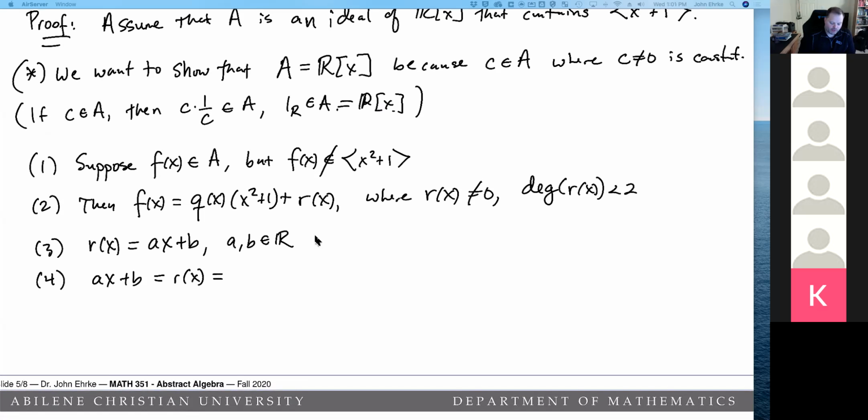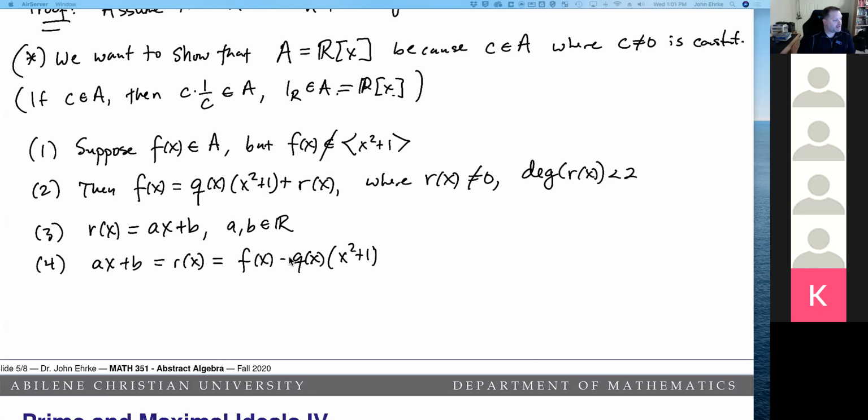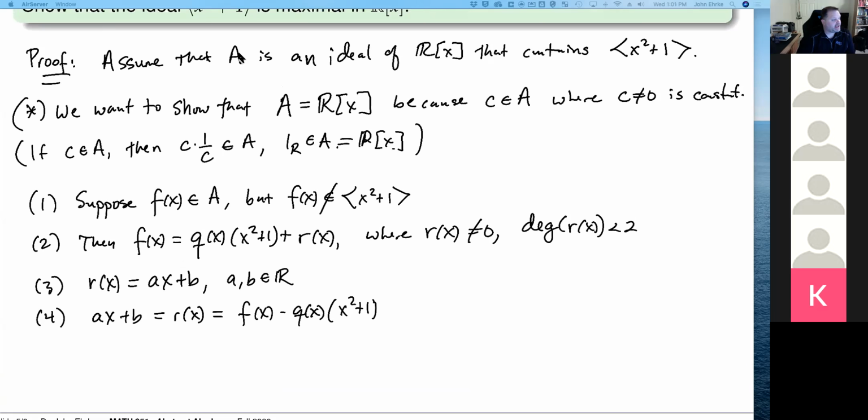Well, if it's of that form, then I can rewrite this expression in terms of r of x. So if I solve this expression for r of x, I get that r of x is f of x minus q of x times x squared plus 1. And f of x is an element of A, and q of x times x squared plus 1 is an element of the principal ideal, but A contains that principal ideal.